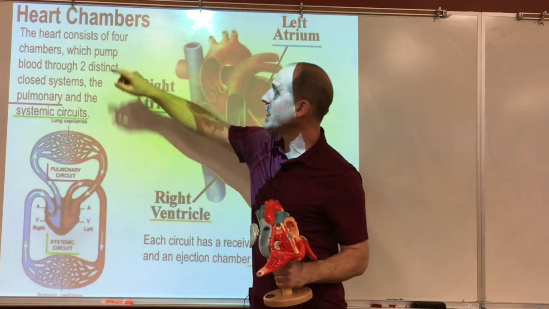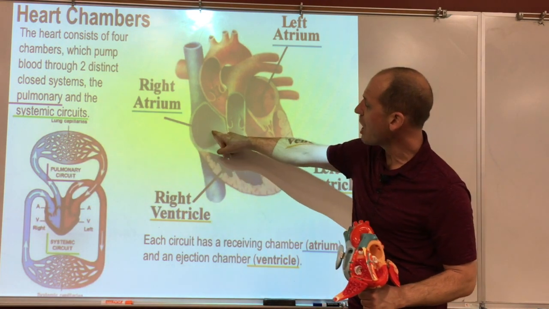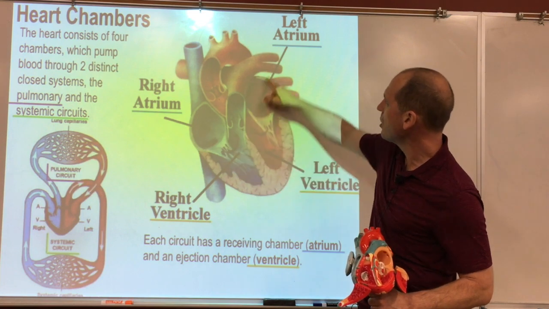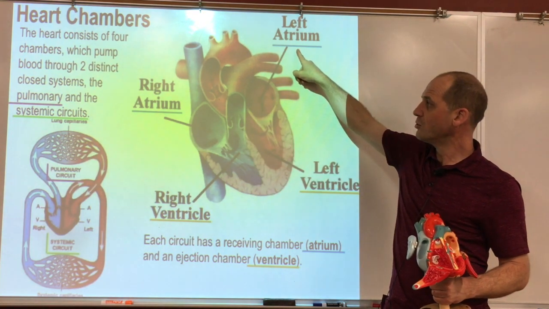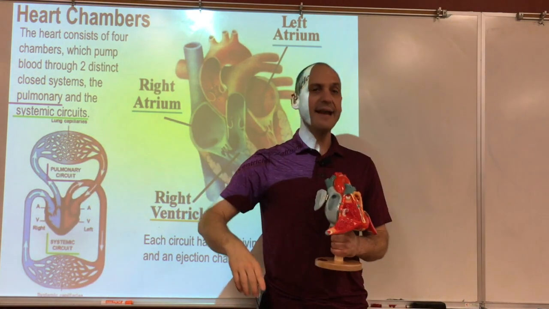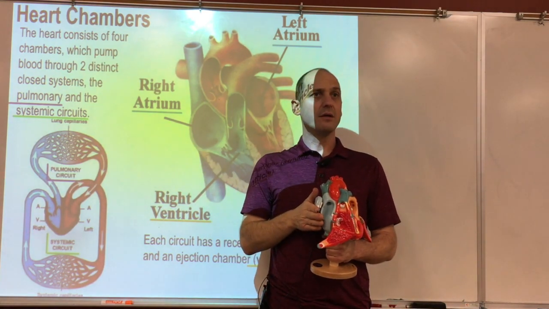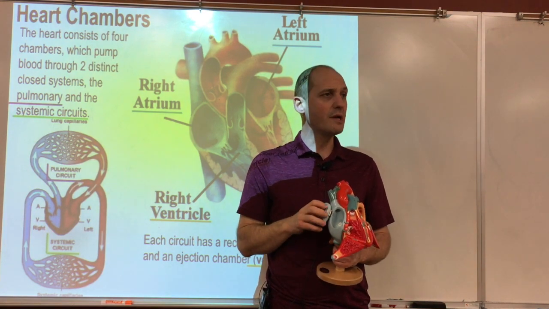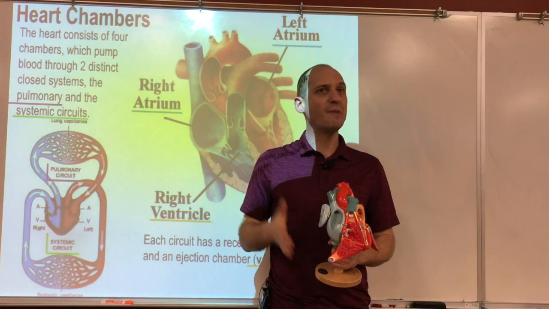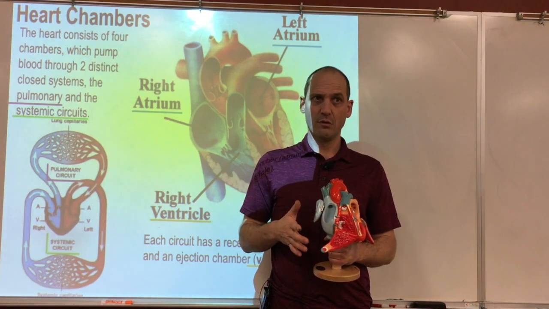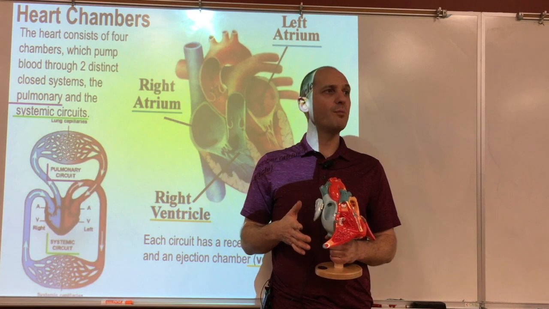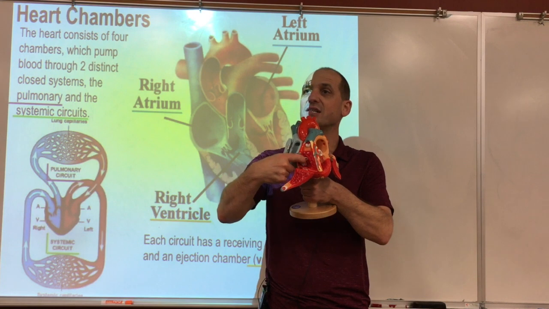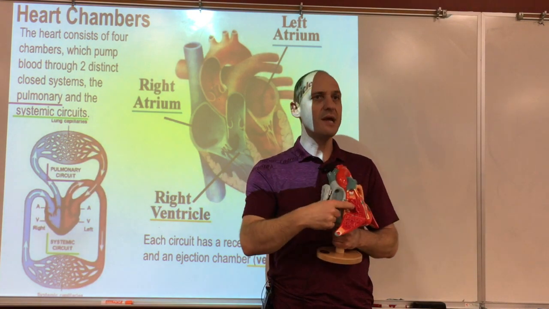Inside the heart we have four chambers. We have two chambers on top and two chambers on the bottom. The top chambers are known as the atria. The way we look at anatomy is from the perspective of the patient. So when you look at me, that's your left, but no matter which direction you're looking at the heart, this is always going to be the right side of the heart, because in the patient it's going to lie like that.